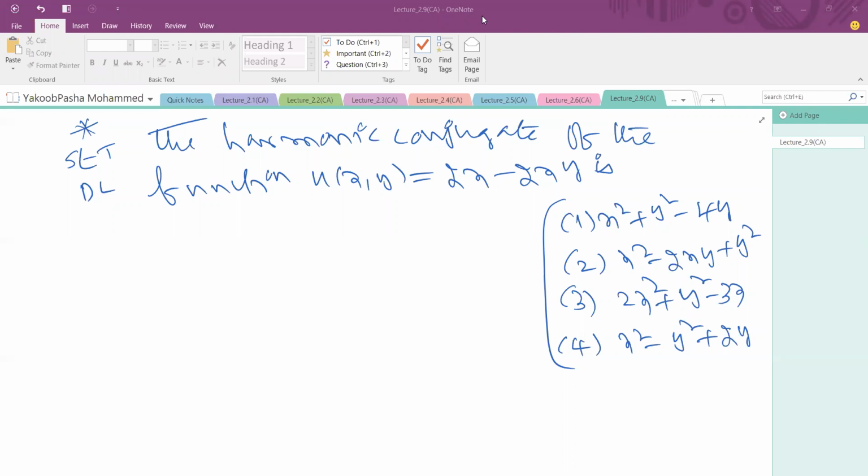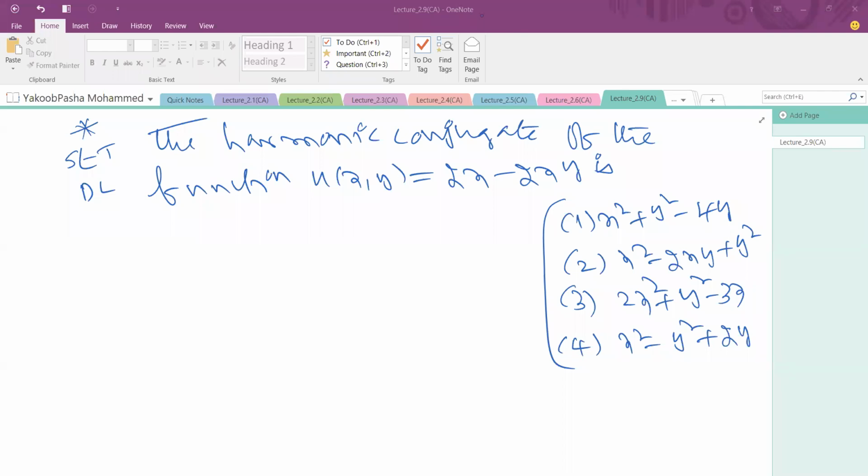We can use the Milne-Thomson method to construct the analytic function, or a shortcut. Already we know that the function is a polynomial, 2x minus 2xy. That means the function is analytic. Whenever the function is analytic, it satisfies Cauchy-Riemann equations. Our target is to find v.